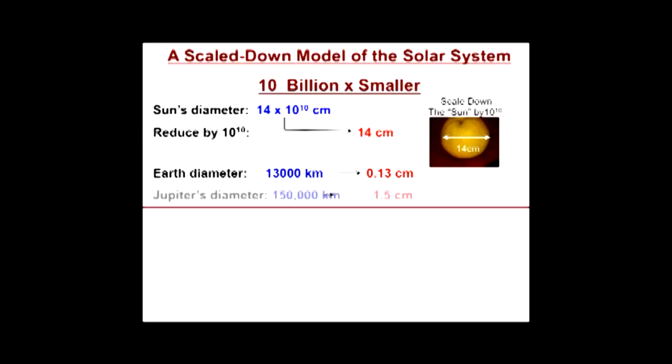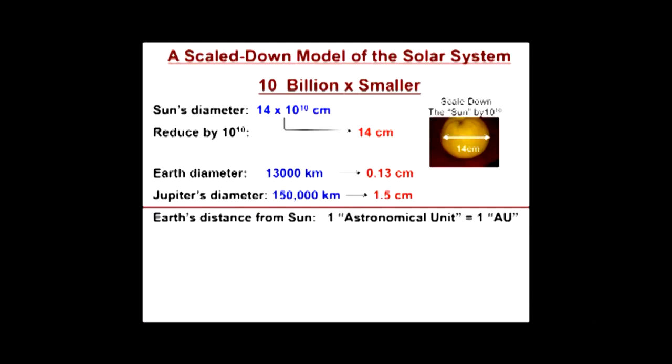And now you might ask, well, how big are the other planets? Jupiter? Oh, that's exciting. You can see these scaled down. Jupiter would be 1.5 centimeters across.